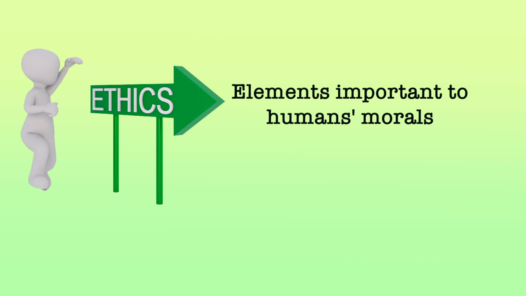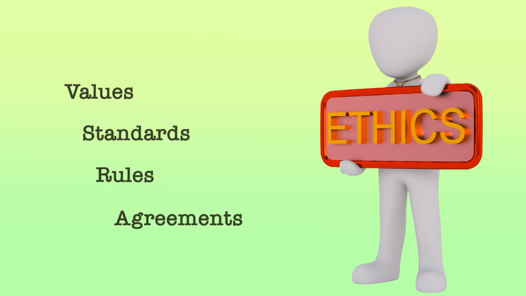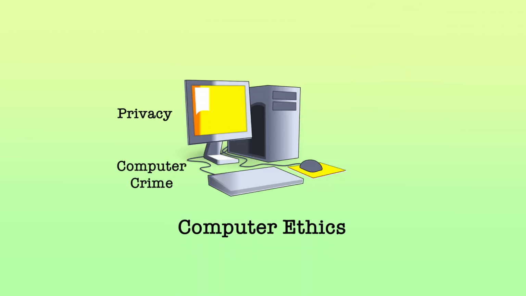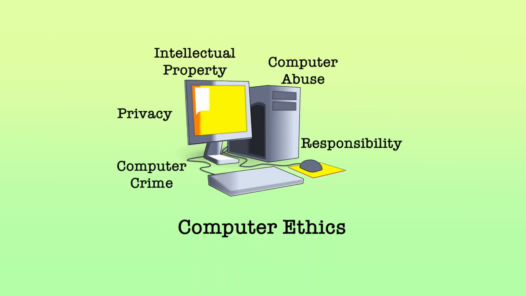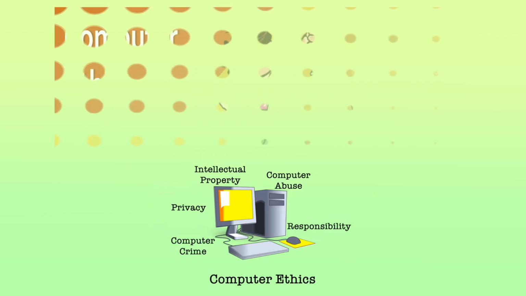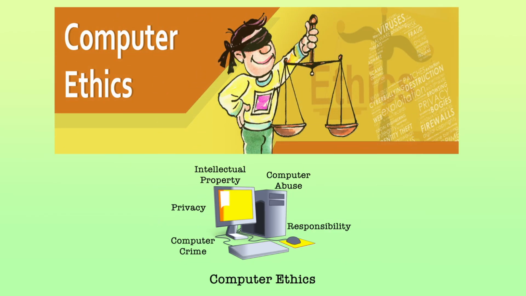The general definition of the word ethics defines the elements important to humans' morals. Ethics could be referred to as specific values, standards, rules, and agreements. Computer ethics are a set of moral principles that governs an individual or a group on what is acceptable behavior while using a computer.